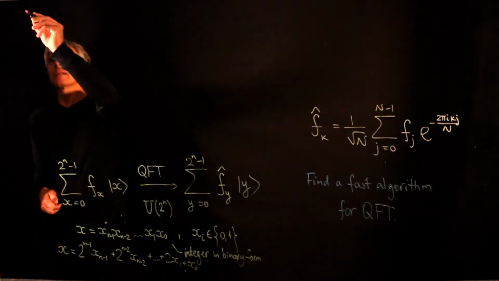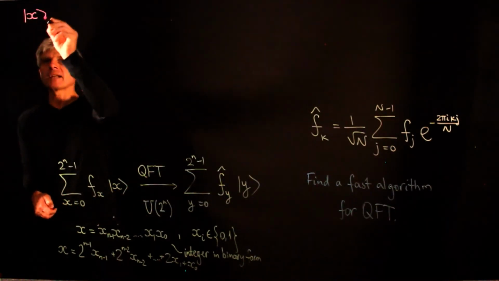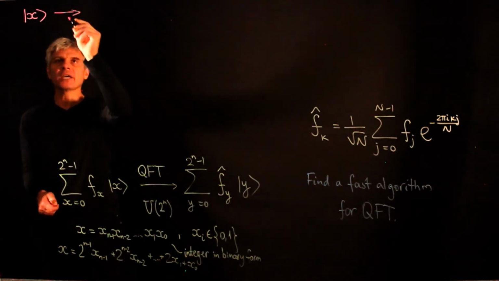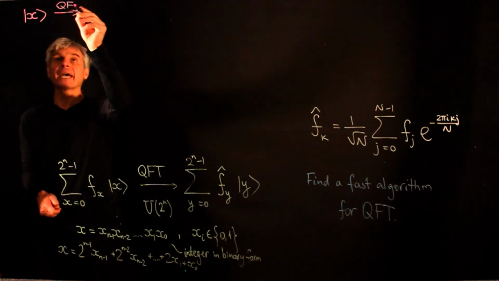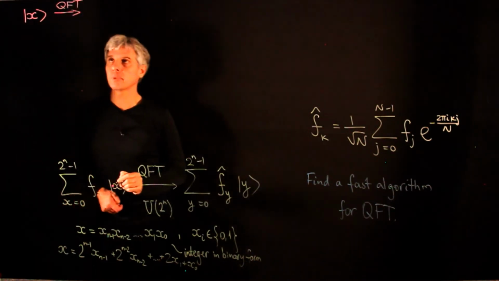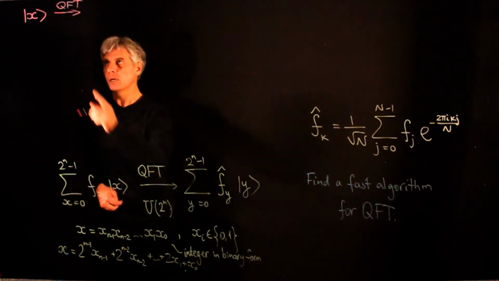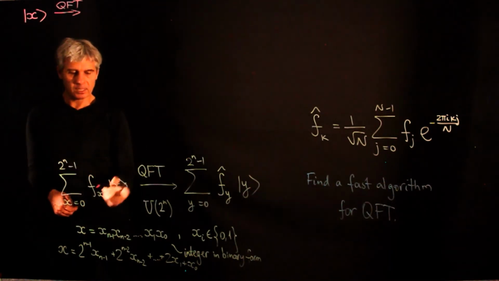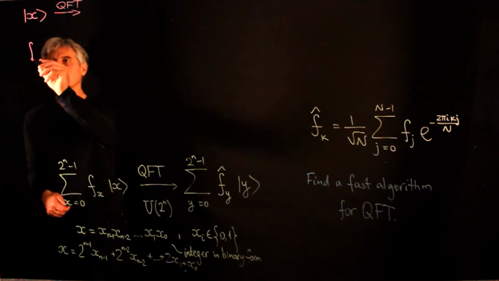So now let us take a single basis vector x and see what should happen to this basis vector if we apply the quantum Fourier transform. This basis vector corresponds, in these notations, to the following sequence.